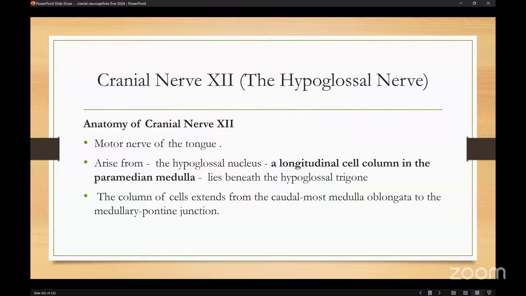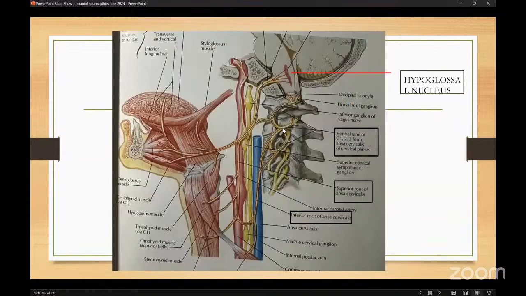And the last cranial nerve, that is the 12th cranial nerve, the hypoglossal nerve, arises from the medulla. An important part, it is pure motor and comes out through the hypoglossal canal of the occipital condyle. It also joins the ventral rami of C1, C2, C3, which gives rise to the superior root of the ansa cervicalis.